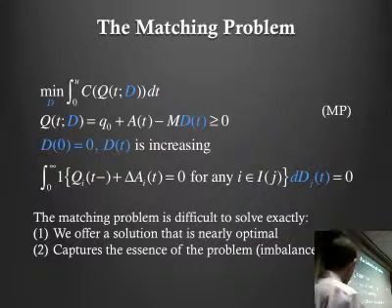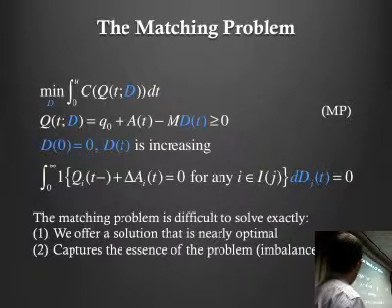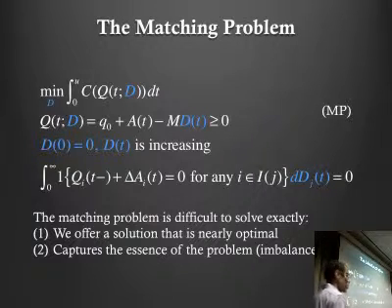Okay, so here's the problem. We're trying to minimize this holding cost over a finite horizon, subject to the dynamics constraint that what I have in each queue is what I had at time 0 plus what arrived minus what was matched. Matching has to be an increasing process. I cannot match negative. I cannot put people back in the queue.